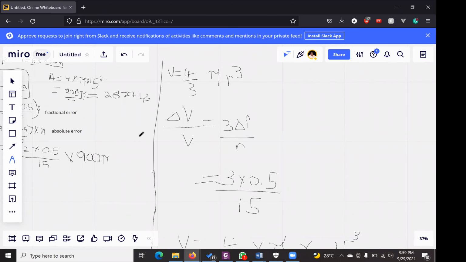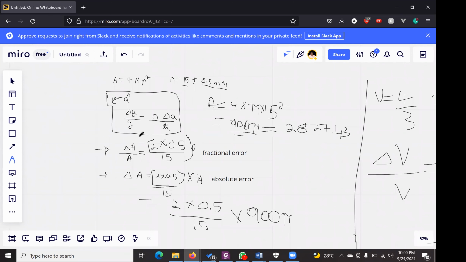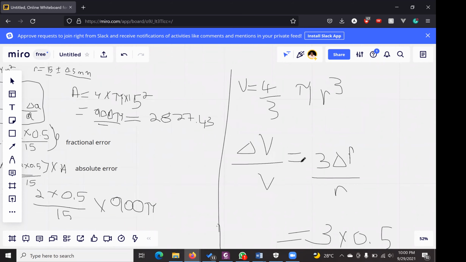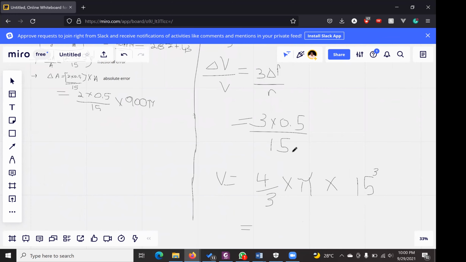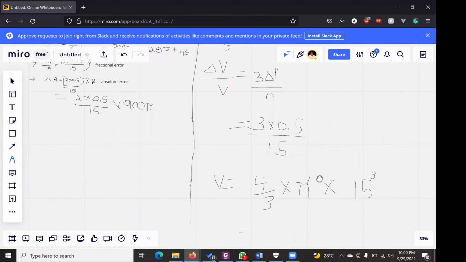If we have delta y over y, the error would be n, which is the power, times the error divided by the actual value. In this case, n is 3 because that is the power, delta r would be the error that they gave you, the 0.5, and r would be the actual 15. And that's how we get the 3 times 0.5 over 15.